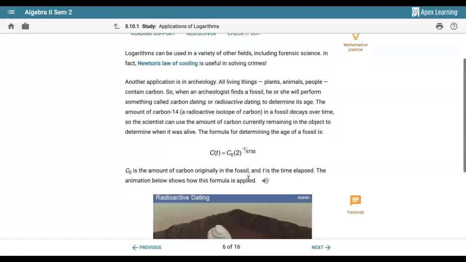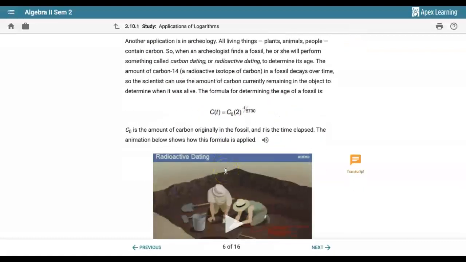We're able to use a chemical property that is found in biological creatures, or biological components, in order to date something back. Thanks to this mathematical relationship here, we're able to date fossils.